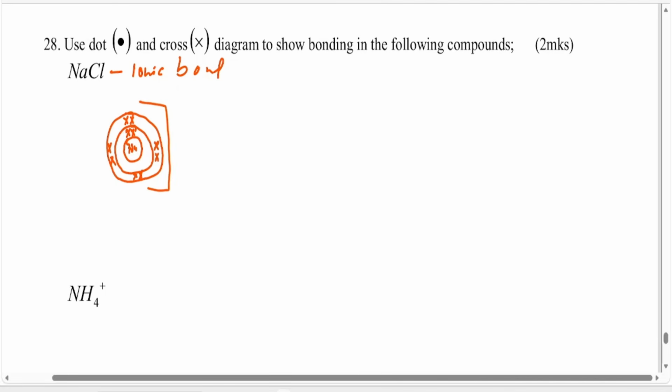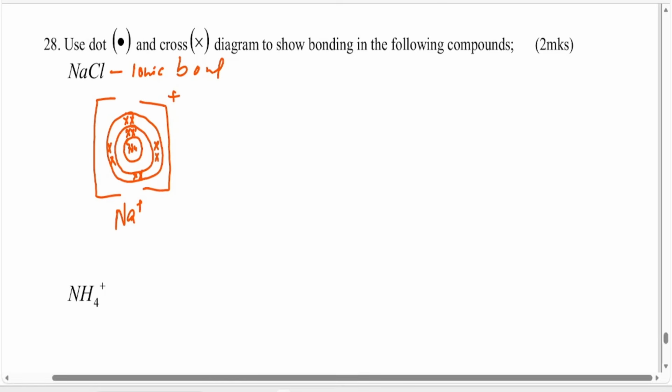Then we use square brackets, and then we put a plus sign to show that it lost 1 electron. That is for the sodium ion.